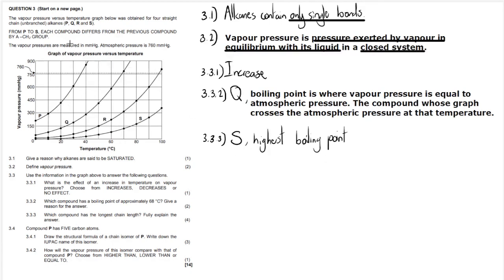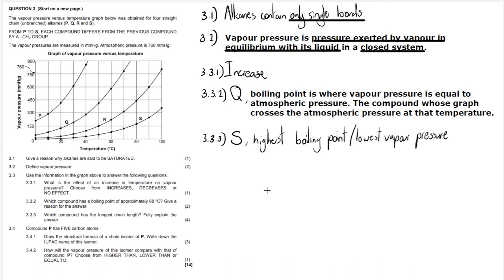But because this is a vapor pressure question, we're talking about lowest vapor pressure. We used vapor pressure to determine or to talk about highest boiling point. And so let's talk about the lowest vapor pressure, because this is a question on lowest vapor pressure.